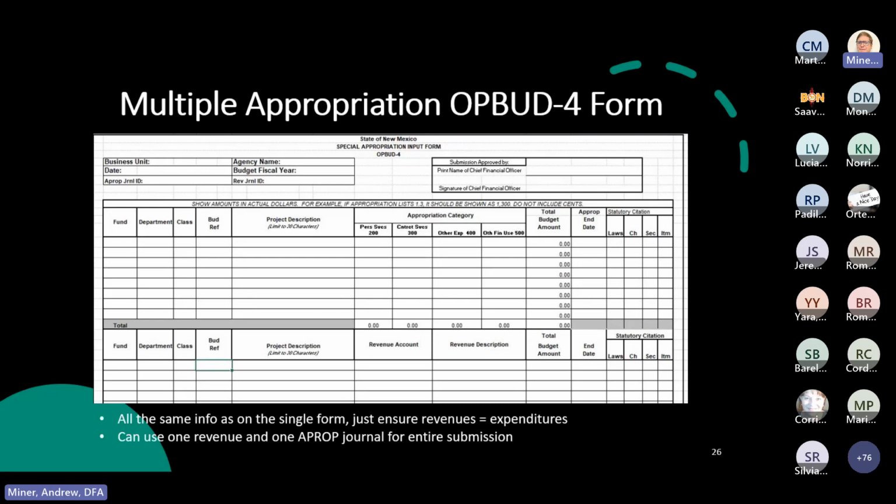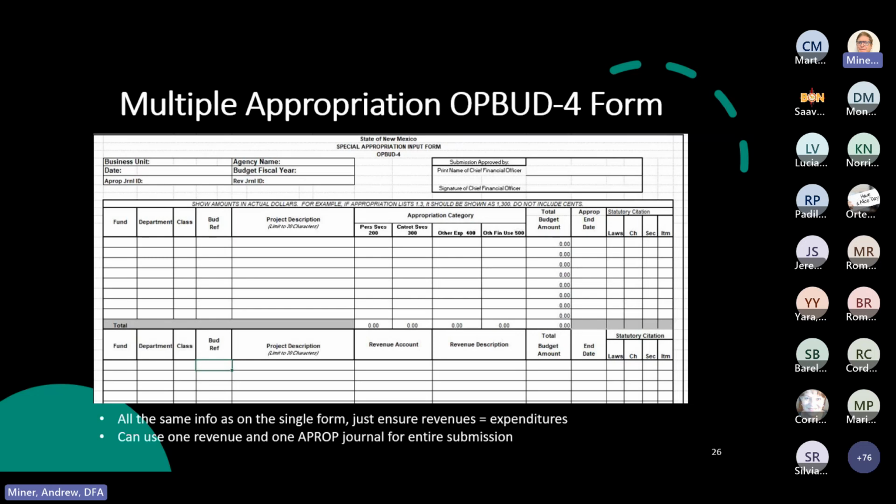Coming attraction, something that we did a trial run on this year. DFA had about 180 appropriations in the junior bill, which is ridiculous. So we did an auto upload for them into SHARE using a flat file, in a format similar to what you do for a capital project. That was a success, so we're working on that.